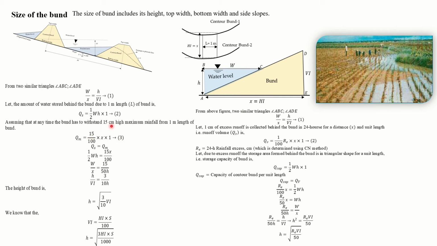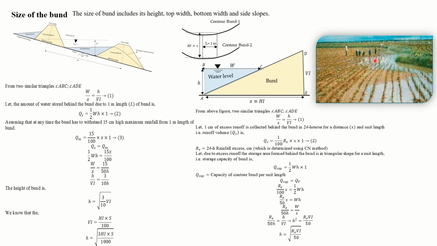Now 15 centimeter per unit width, that is 1 meter length, so 15 centimeter divided by 100 converting to meters, into the total distance of the bund, that is x total. This water has been stored between two bunds. What is the horizontal distance between them, that is x, into the total width.